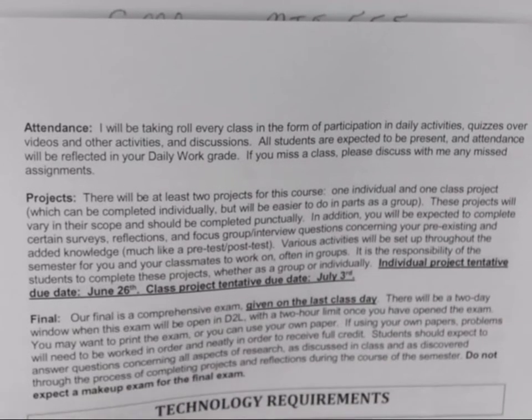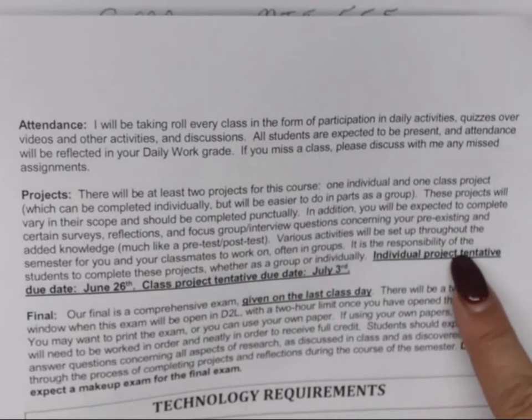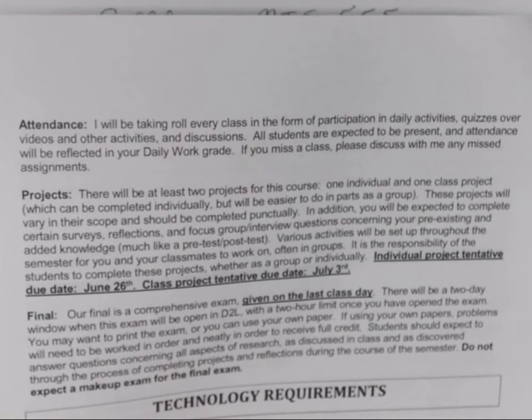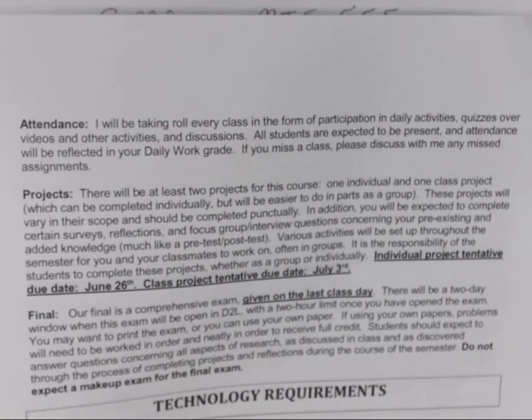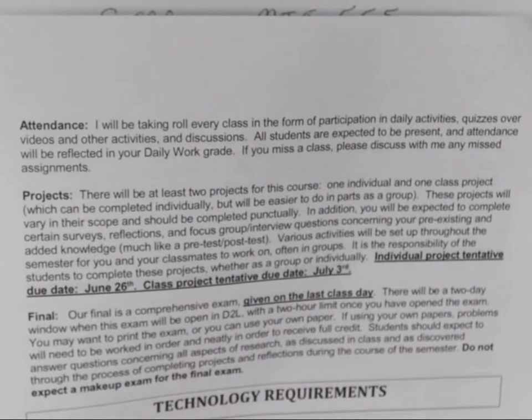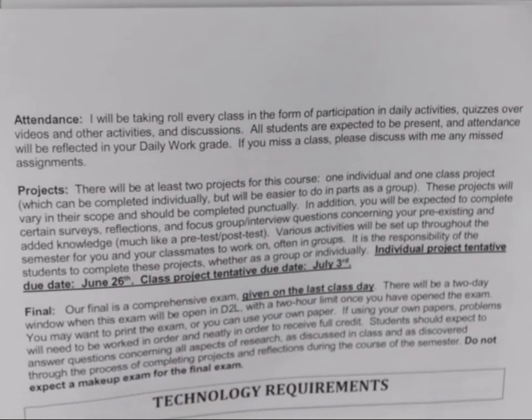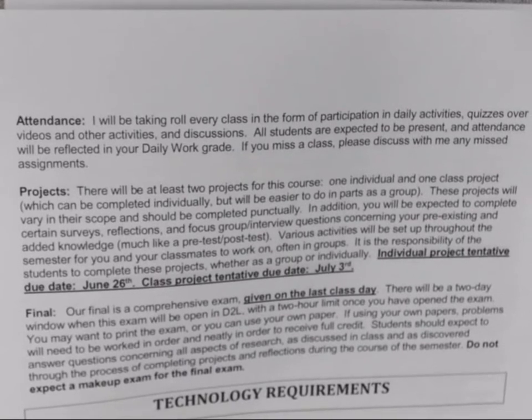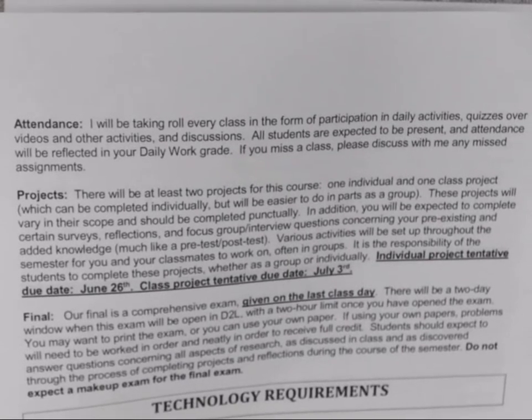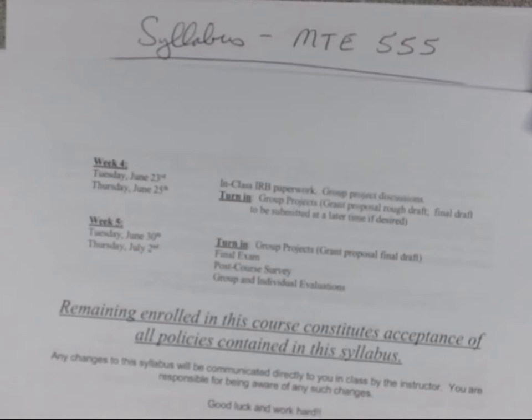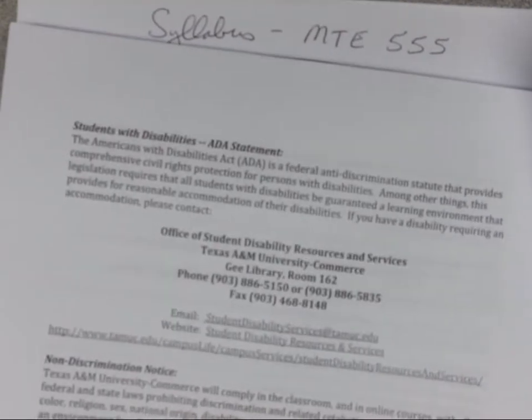Okay. Projects, 2 of them. The individual project is due on June 26th, and the class project is due July 3rd. I think I changed those dates, dang it, and I still don't have them correct here, so that's not cool. That is actually not true. Let me come back here. I'm sorry. I knew I changed those dates.